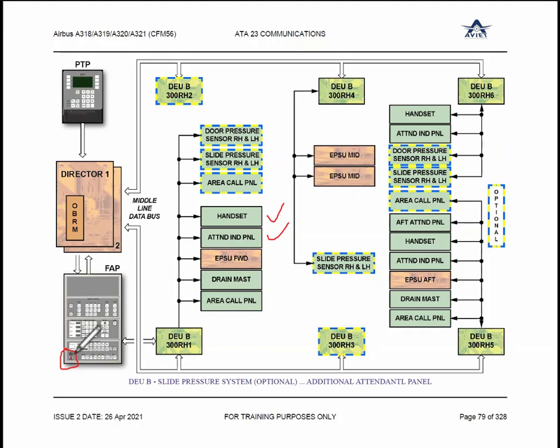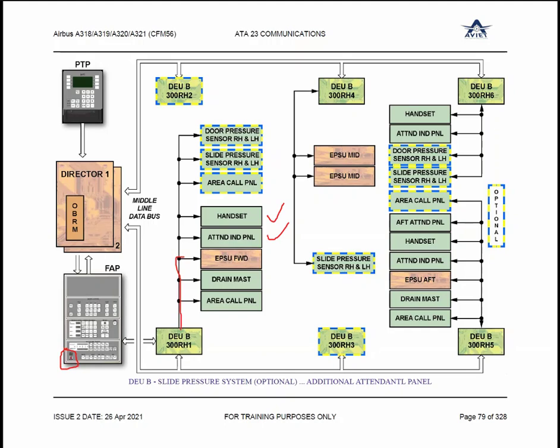They need to be interfaced with the director, but they cannot be directly interfaced, so they are interfaced through decoder encoder unit B, and then they go to the director. From the director, they go to the computers, the EIS system, the MCDU, whatever you call it.